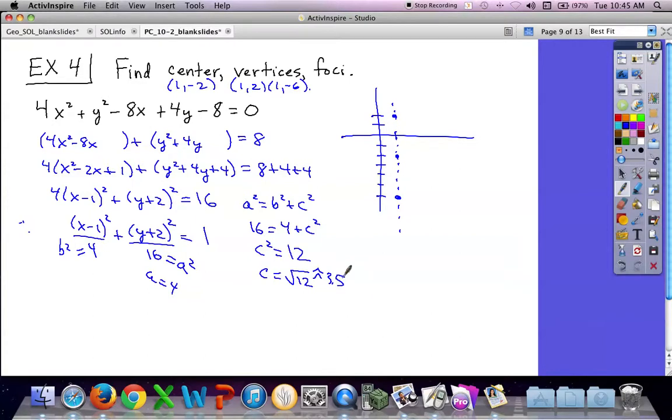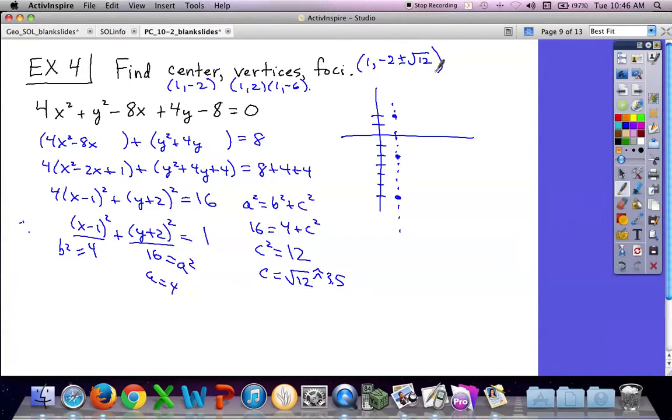Right, so starting at this point, the foci should be up the square root of 12 and down the square root of 12, which you could write like this: 1 and then starting at negative 2 plus or minus the square root of 12.